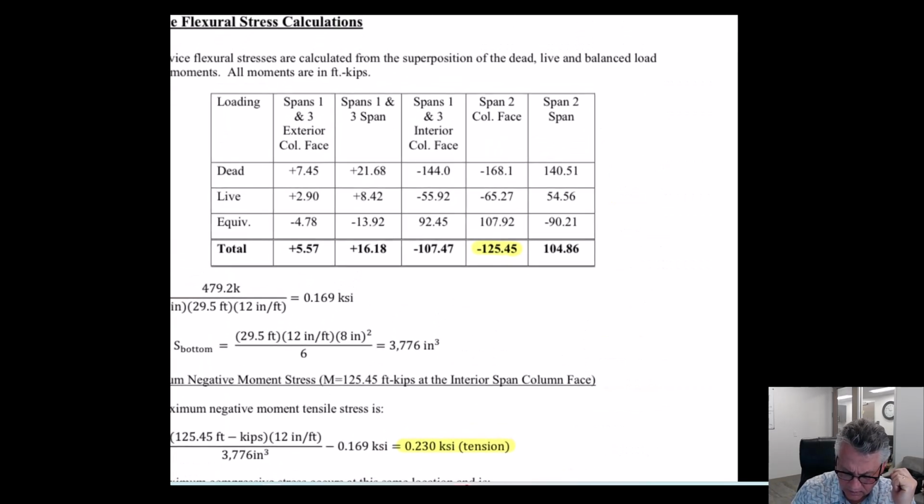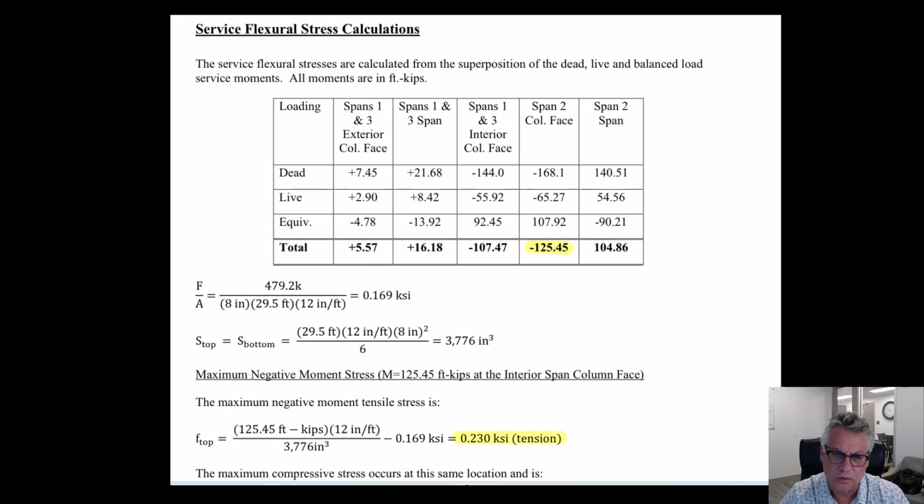So just like we did in the beam example, those are all unfactored. We're going to check stresses. So just like in the beam example, I want you at each location, face of column, at the columns, to get the maximum dead load, maximum live load, maximum equivalent load, add those up.